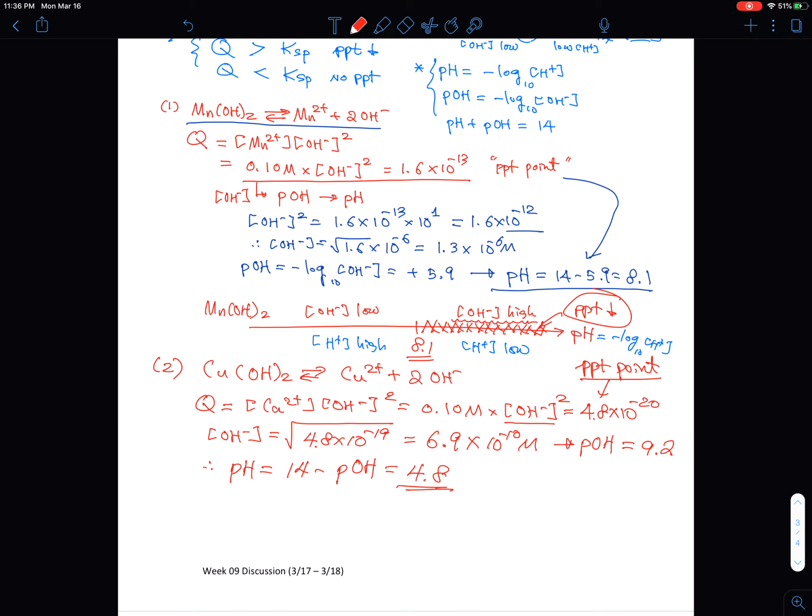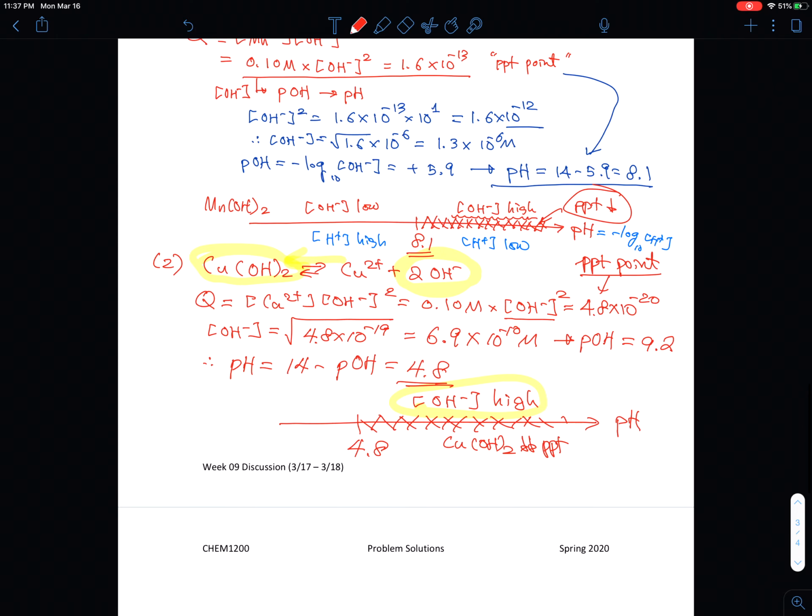I'm going to draw once again. This is the pH axis and 4.8, and at 4.8 and higher the OH- concentration is high enough, a sufficiently high concentration to drive the formation of precipitate. So Cu(OH)2 precipitation will happen there; that's my hashed line.